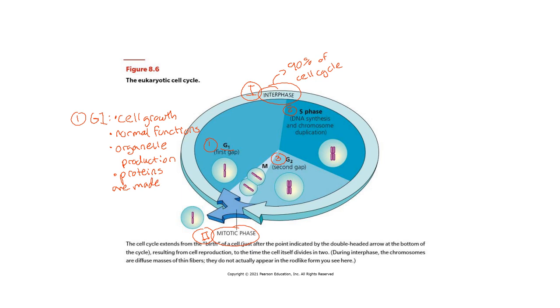The S phase is extremely important because the cell knows it's going to start to divide pretty soon. So before it divides, it needs to be able to make a copy of its DNA. So in S phase, what happens here? The obvious, right? DNA duplication, DNA replication.